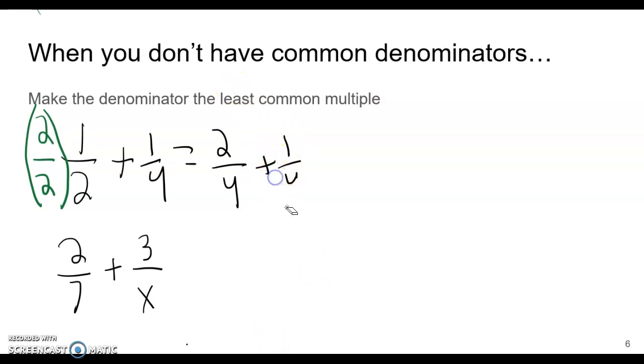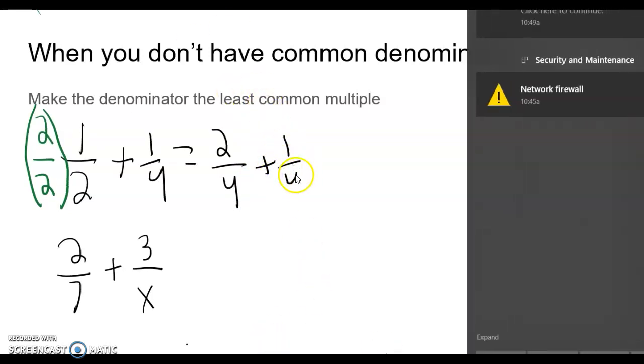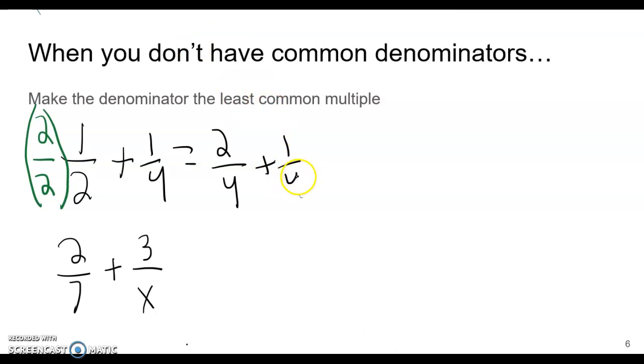And since it looks like that now, this would become 3 over 4 because I add my numerators.